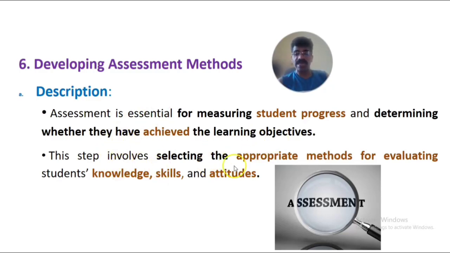This step involves selecting appropriate methods of evaluating the students' knowledge, skills and attitude. So we have various assessment tools with the help of which we can evaluate the students during the study period or at the end of the particular year or semester. That includes formative and summative evaluation.